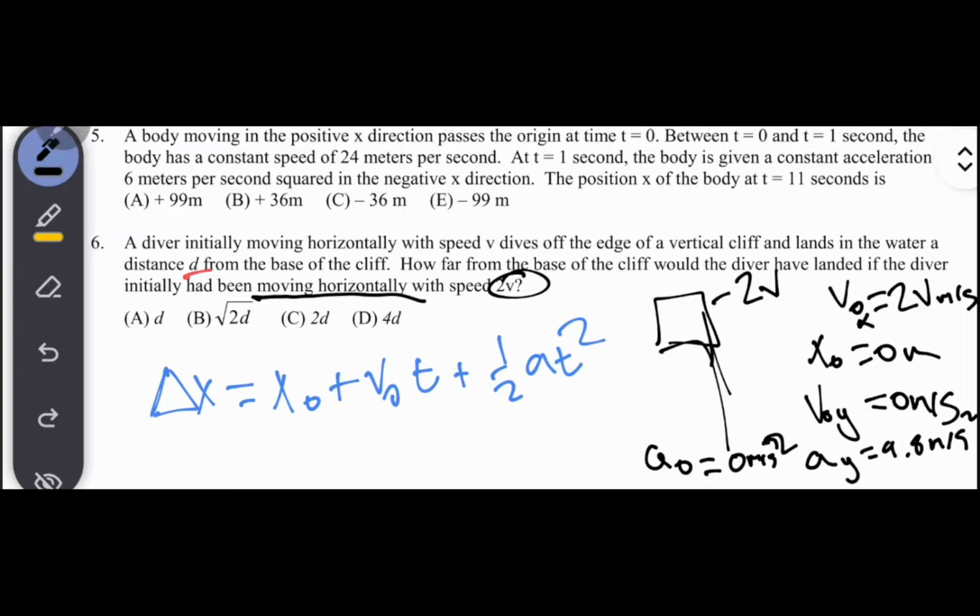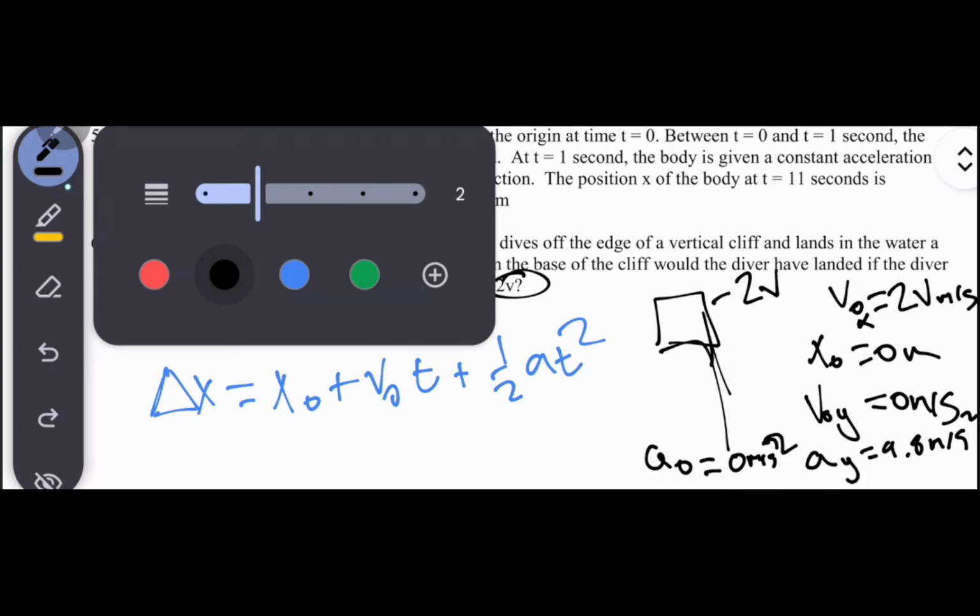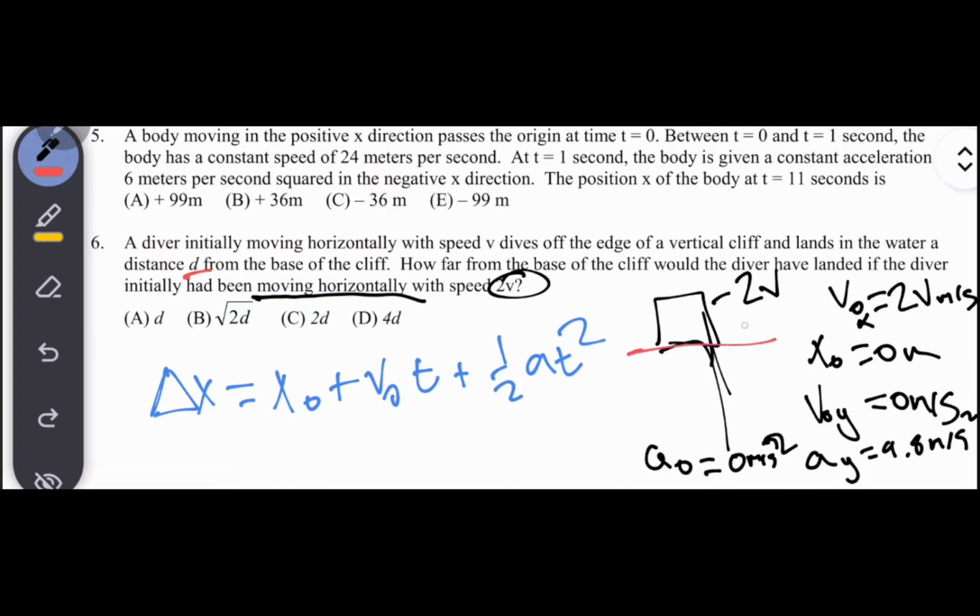And horizontally means x, because here, let me draw this up. We have our x and our y. Horizontally will be in the x, meaning we only want the x components. So we only want the v initial in the x, we only want the acceleration in the x, and then we can take the initial position, but technically since it's 0, it doesn't really do anything in this sense.